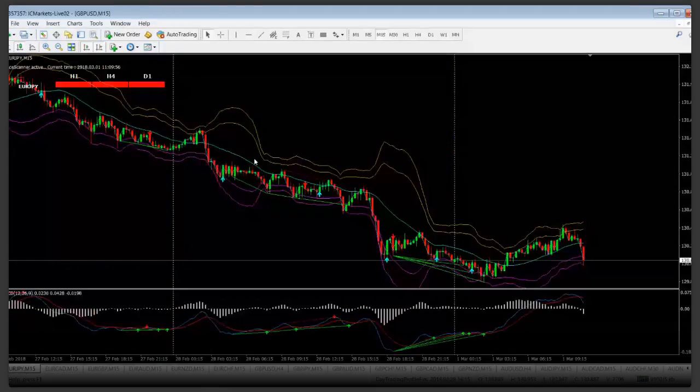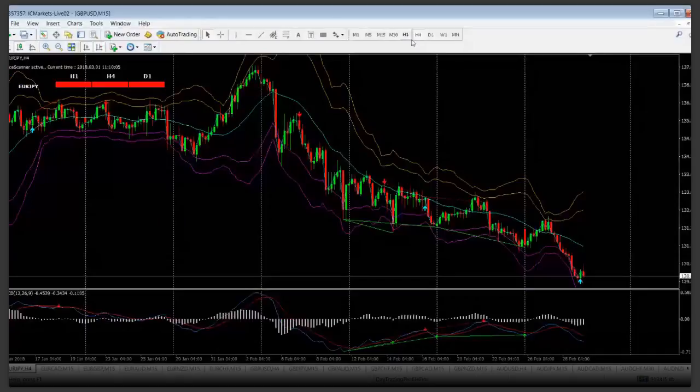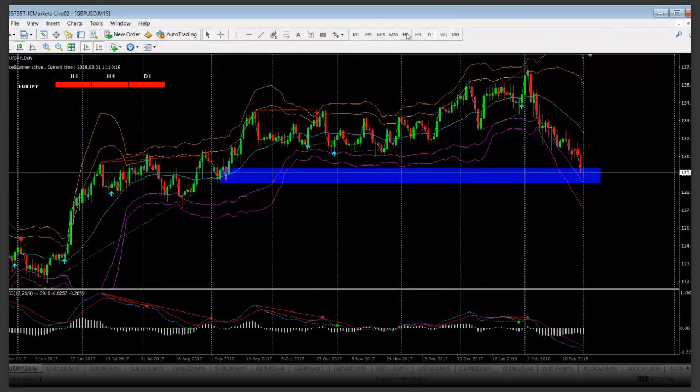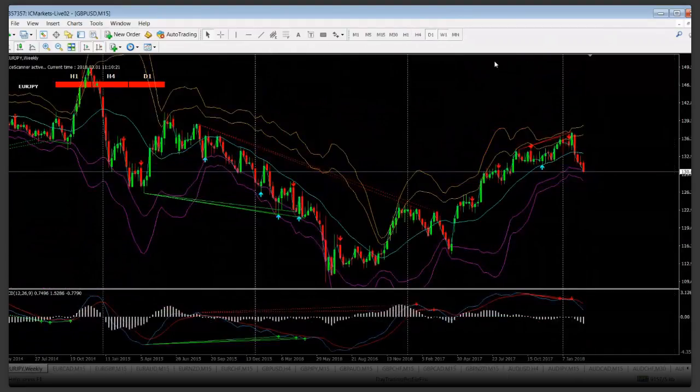Euro JPY dropping again nicely. You see it in the Euro JPY at this area in the 130. I've talked about this for weeks now on the Euro JPY on my daily updates or weekly updates.